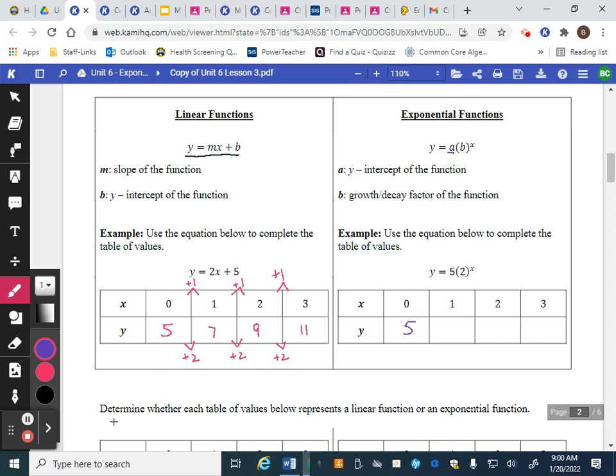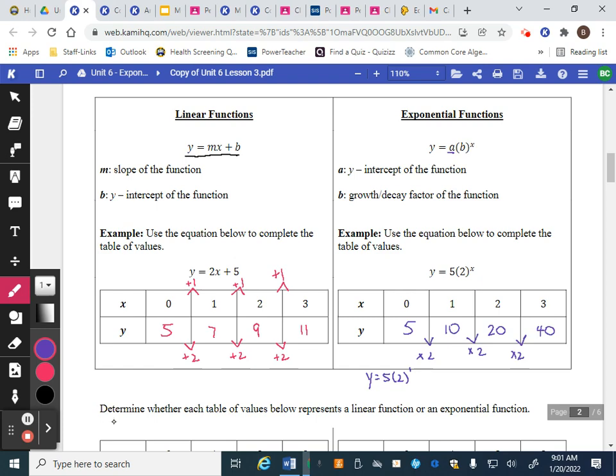But we don't add 2 every time. Instead, we're going to think about multiplying by 2. That looks like too much like a plus for me, so I'm going to, there we go. And if you think about what this equation's doing, if you put in a value of x, that's the exponent.